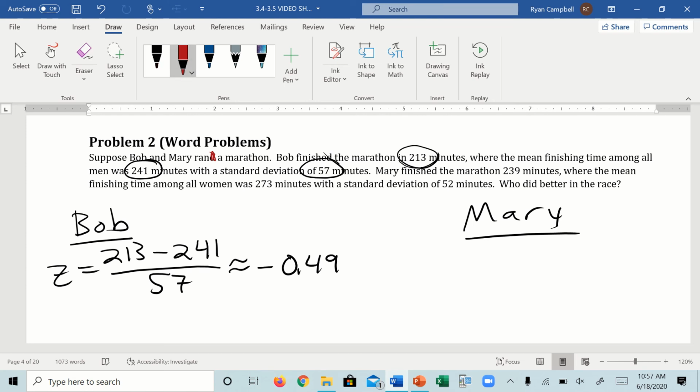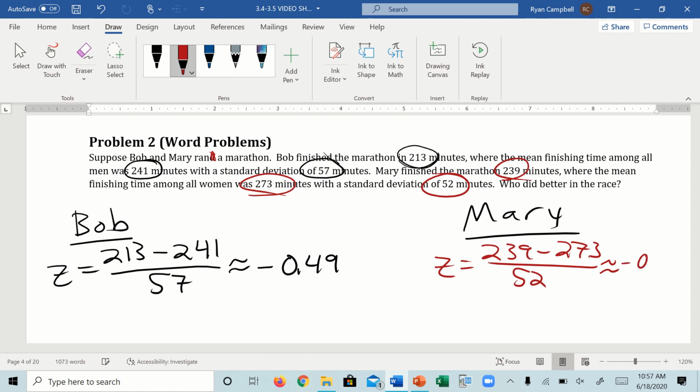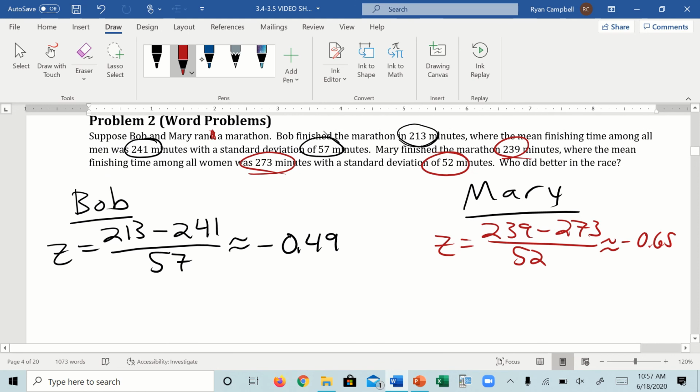All right, as opposed to Mary. So Mary's data value is 239 minus the mean of 273 divided by the standard deviation of 52. And when we divide that out, we get about negative 0.65. All right, so here's a tricky question.